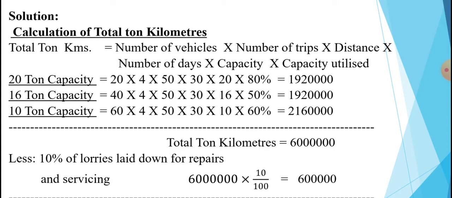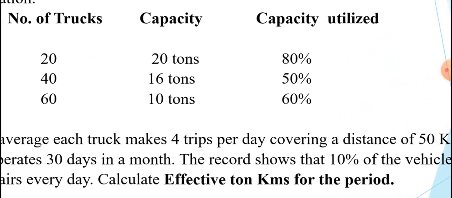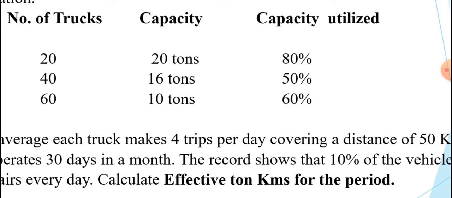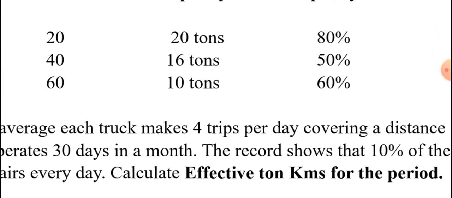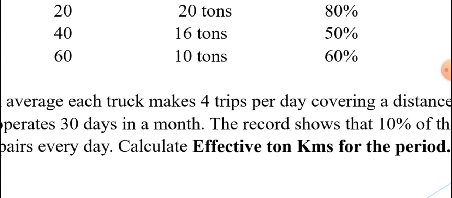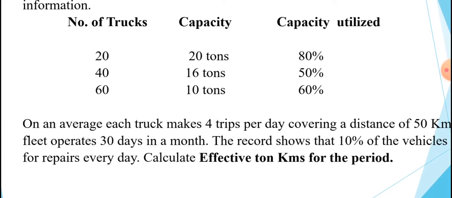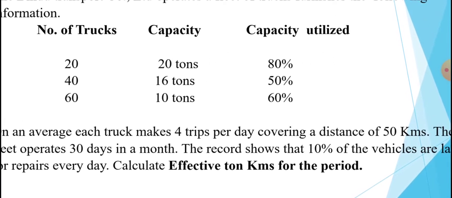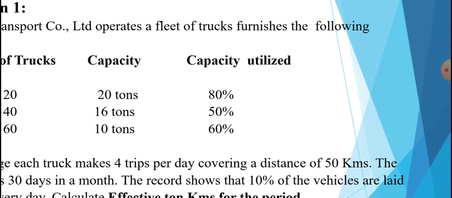For 10 ton capacity, we have 60 vehicles. See here, 60 trucks and number of trips are 4 only, 50 kilometers is the distance and 30 days are run, and 10 ton capacity, and capacity utilized is 60%.